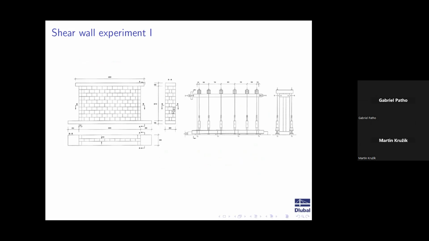This is a real shear wall experiment where you have your 3.6 meters long wall. You apply some confining pressure, and this is actually a strain-driven experiment, so you do not push it, but you pull with some mechanics.